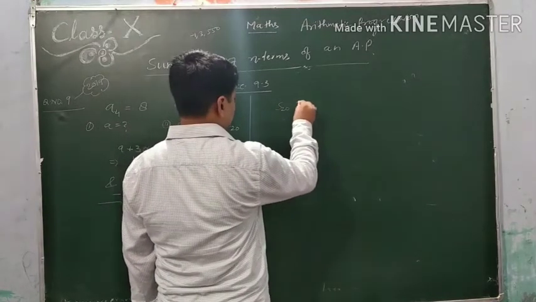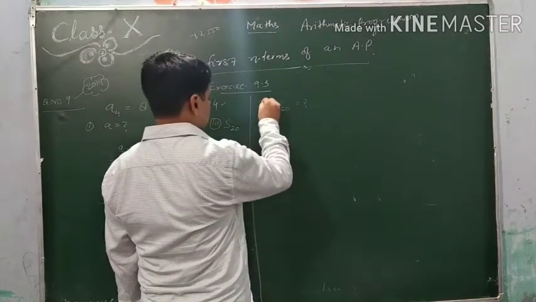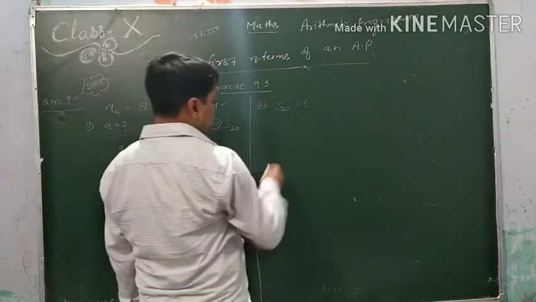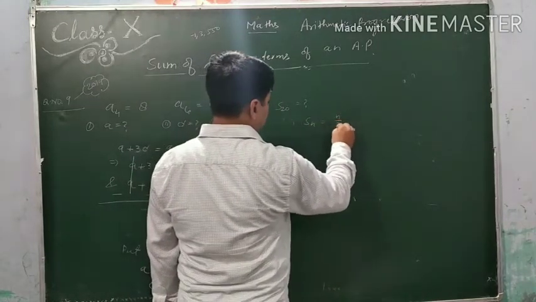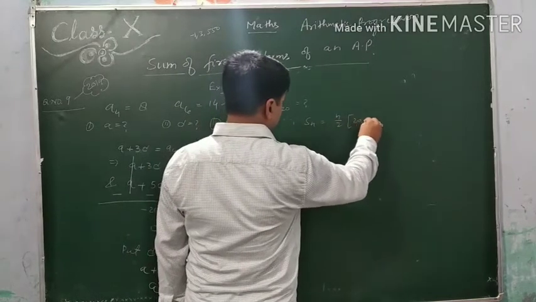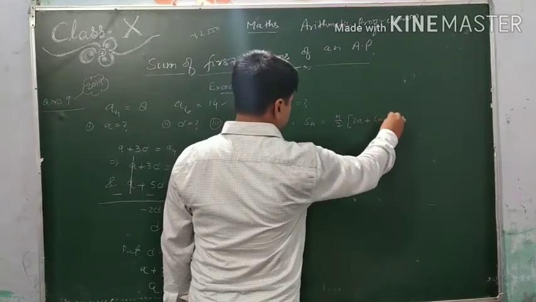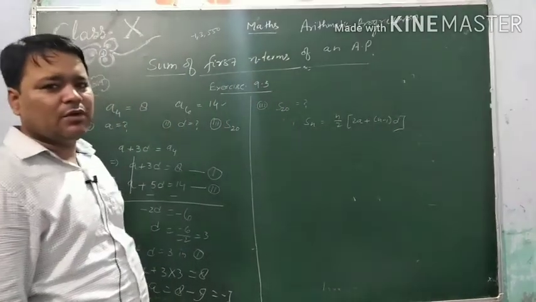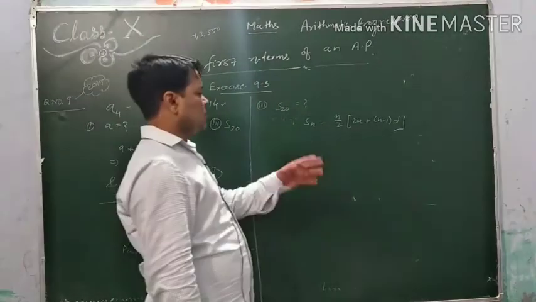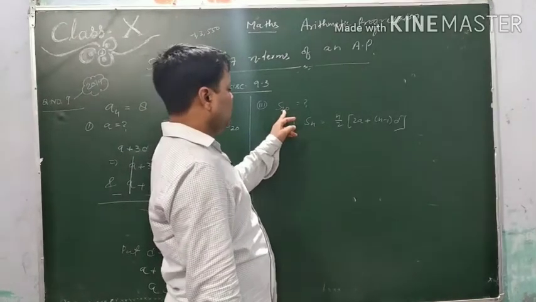Now we want to find S20. We have this as the third part. We know that Sn is equal to n by 2 into 2a plus n minus 1 into d. What is the value of n? The value of n is 20.